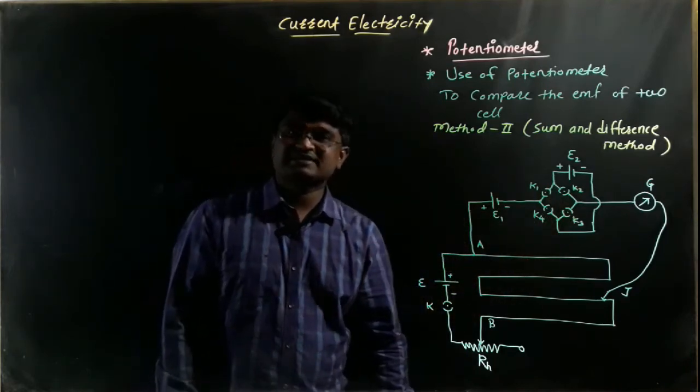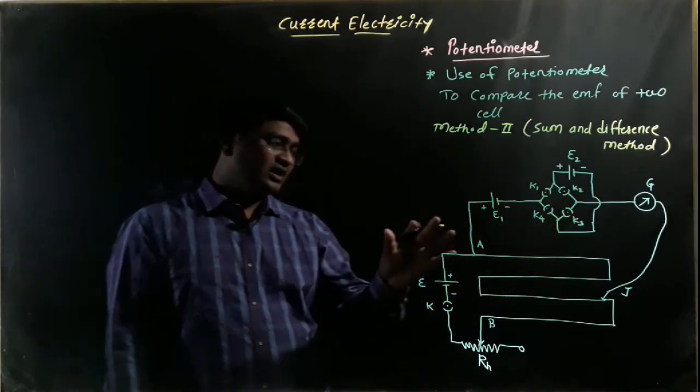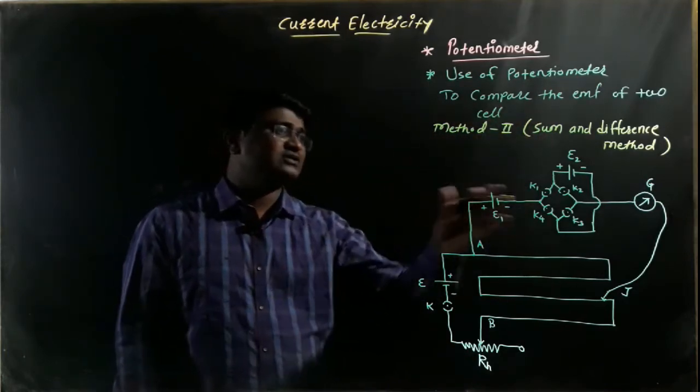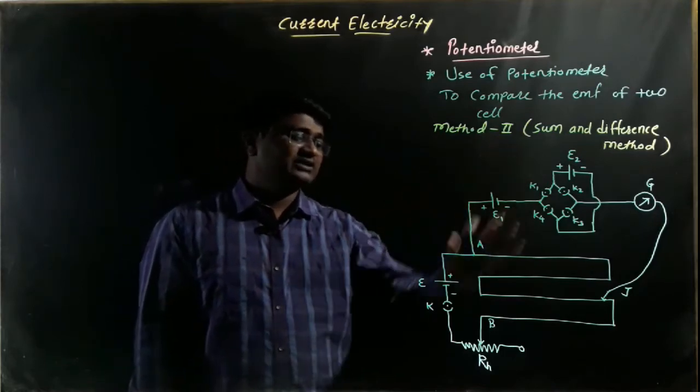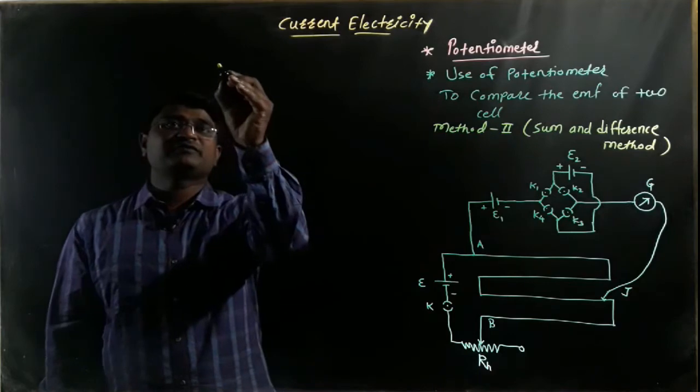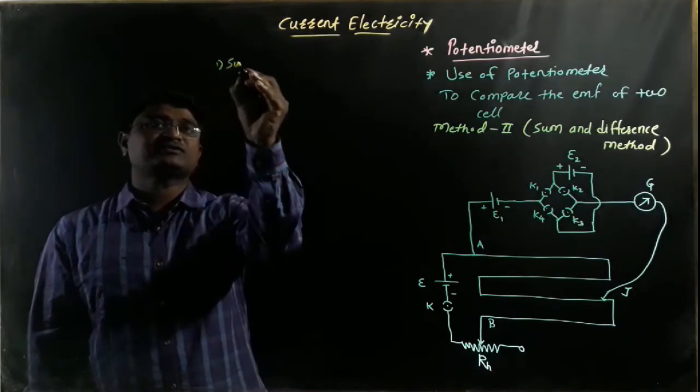This is a complete circuit. So how does the circuit work, and how do we compare the EMF of two cells by using the sum and difference method? We discuss these 2 methods here. What is the sum method and what is the difference method? First of all we discuss the sum method. Okay, so what is the sum method?